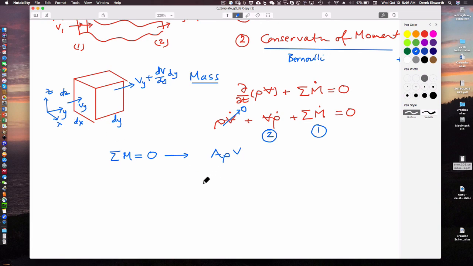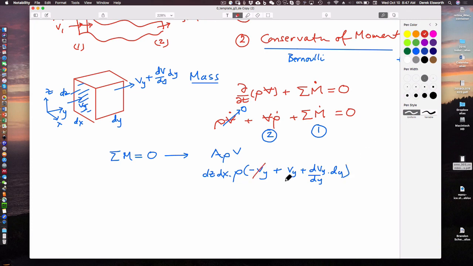And so in terms of that, the area is dz times dx, right? This, the area of this face here, is multiplied by density. And the velocities are, in is minus Vy, because of our sign convention. Flow rates in are negative, and flow rates out are Vy plus dVy dy times dy.